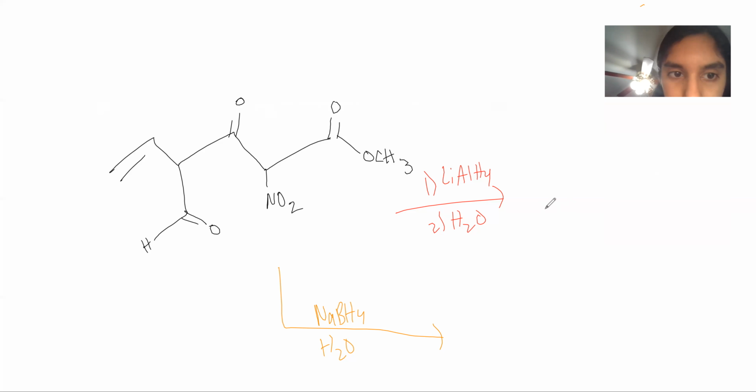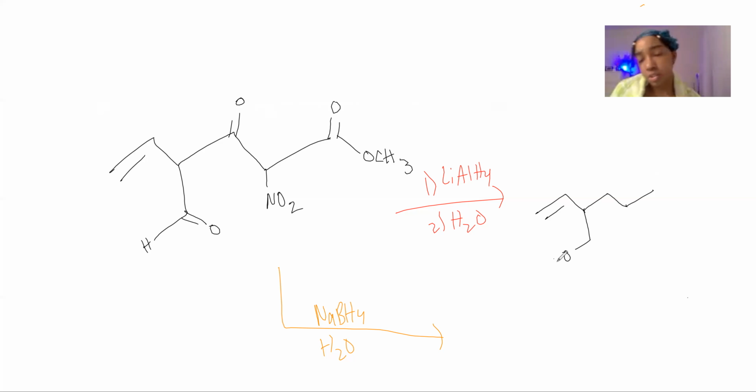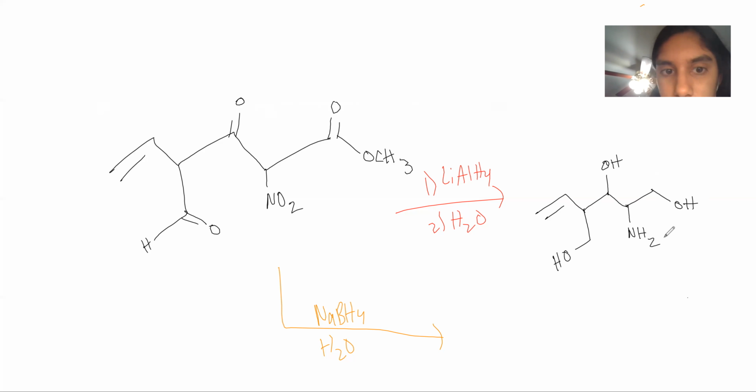So LiAlH4 would pretty much reduce everything except the alkene. It reduces the OCH3 too, right? To OH or no? Does it also reduce the OCH3 at the end? Yeah, because that's an ester, so that would become OH, and then it turns the NO2 into an NH2. I forgot about that. Let me just make sure it does that.